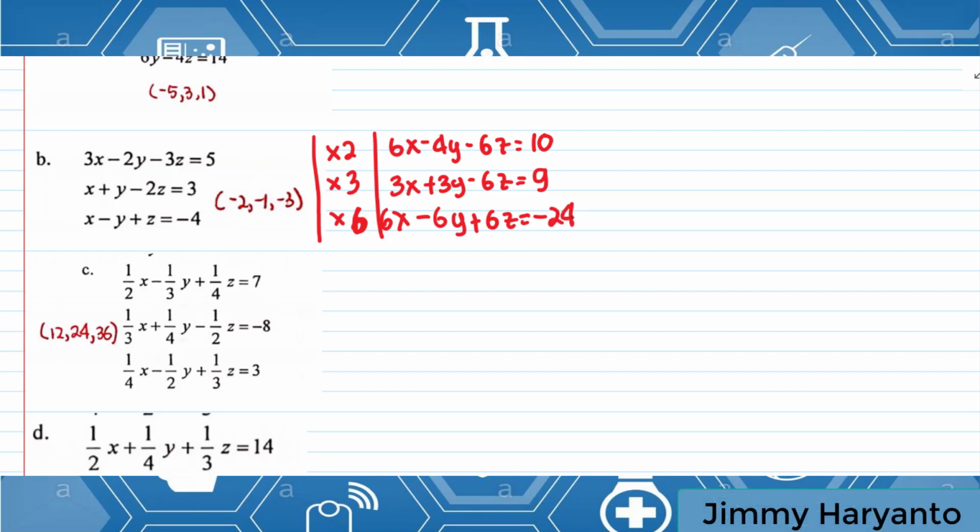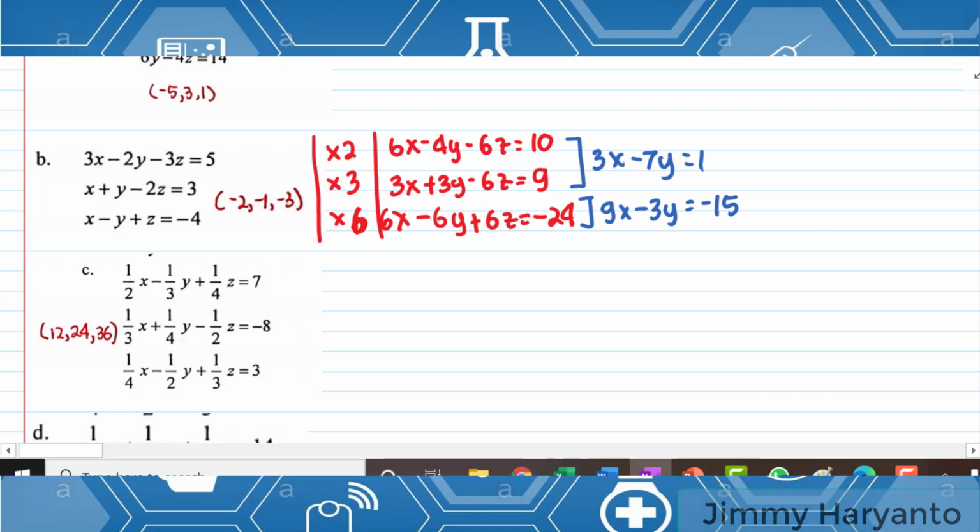Okay, and then we have to minus this one, this and this. 6 minus 3, 3x, and this minus this, negative 7y equals 1. And the second part, we have to plus it: 3x plus 6x, 9x, negative 6 plus 3, negative 3y equals negative 15.